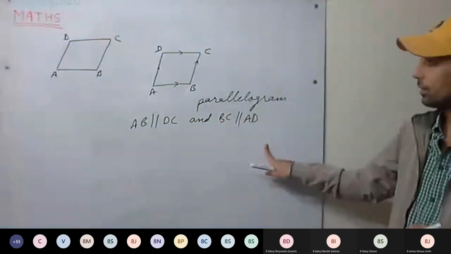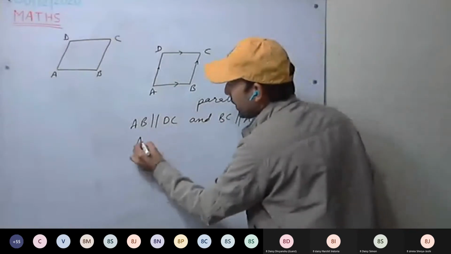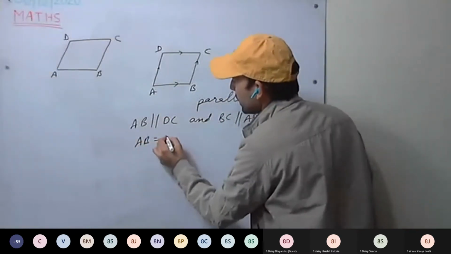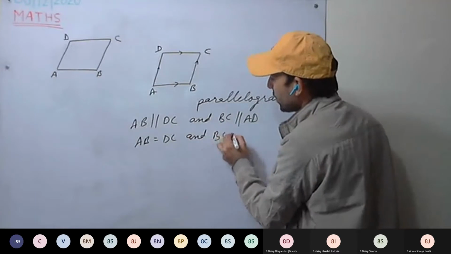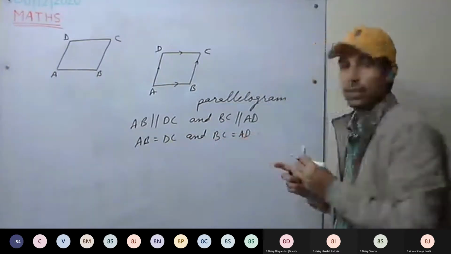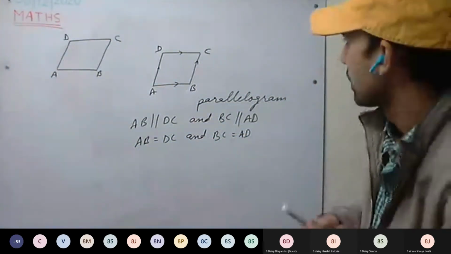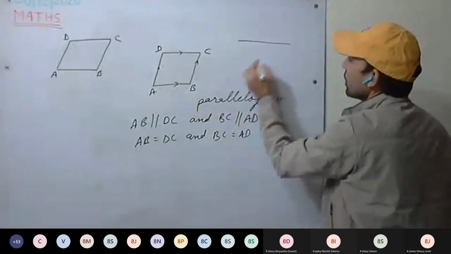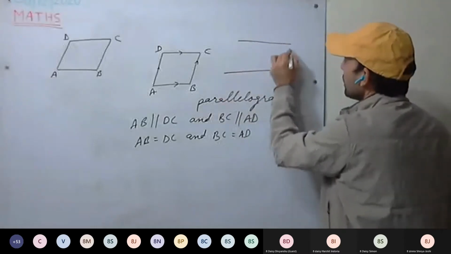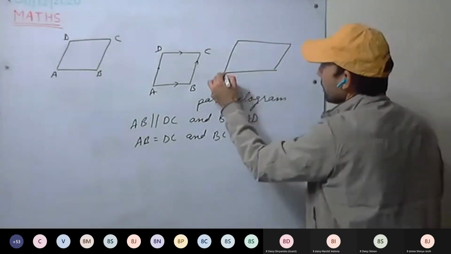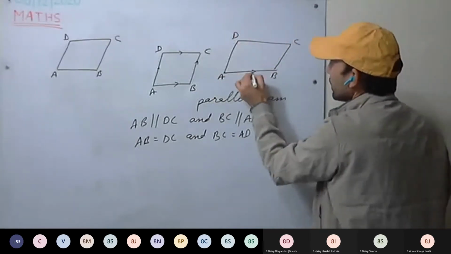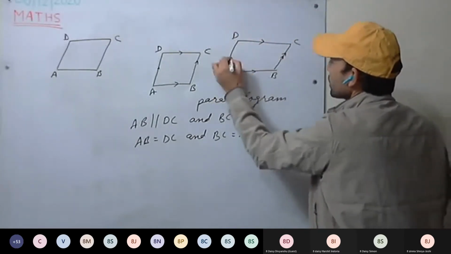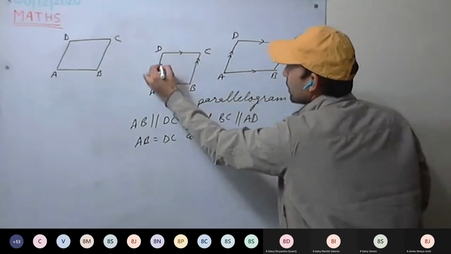This is clear? And AB will be equal to DC and BC equal to AD. Have you understood this? A, B, C, D. These two are parallel, these two are parallel.